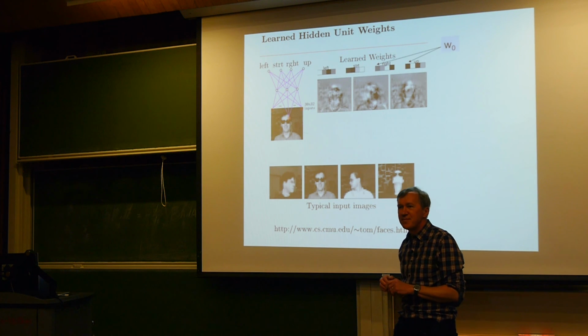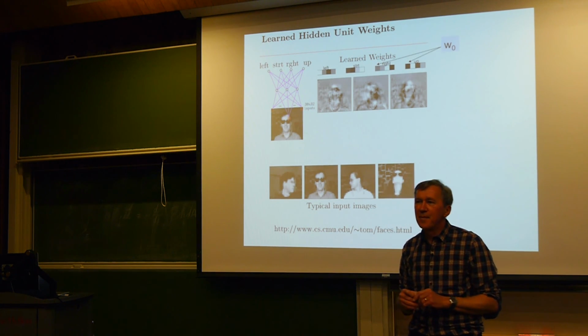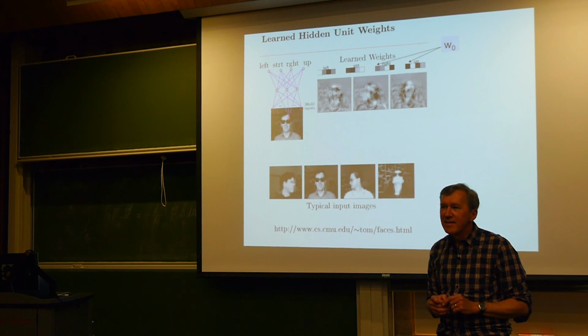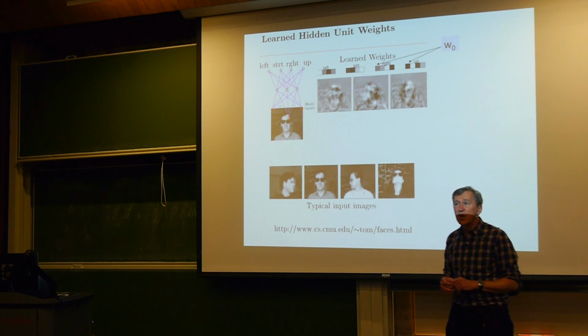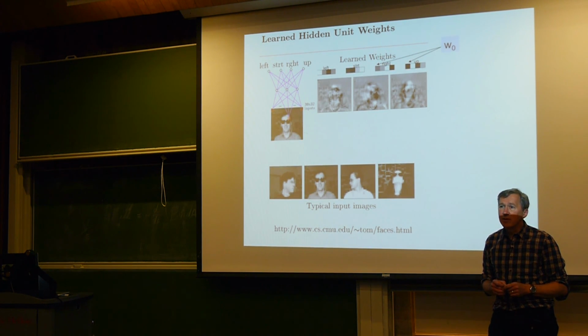Based on the dimension of the inputs, do we have a bound on at least how many hidden units we need? Yeah, that's an experimental thing. There's no easy way in general to say how many hidden units you need.